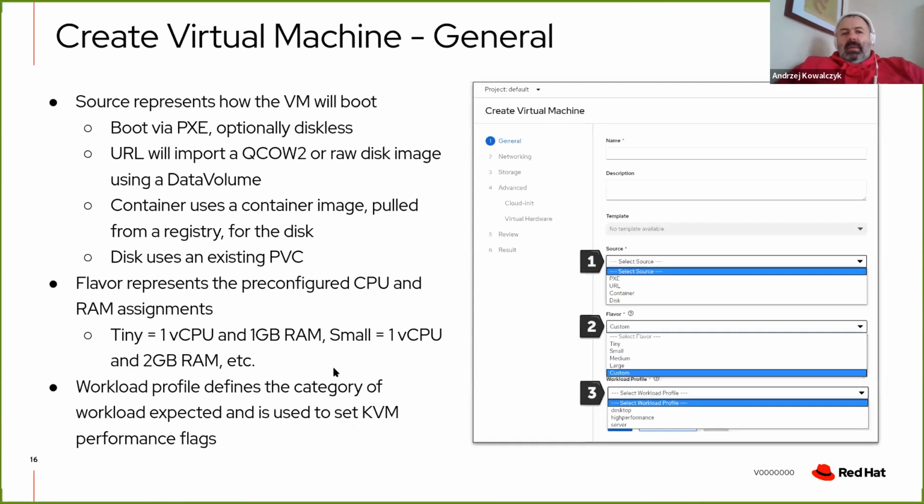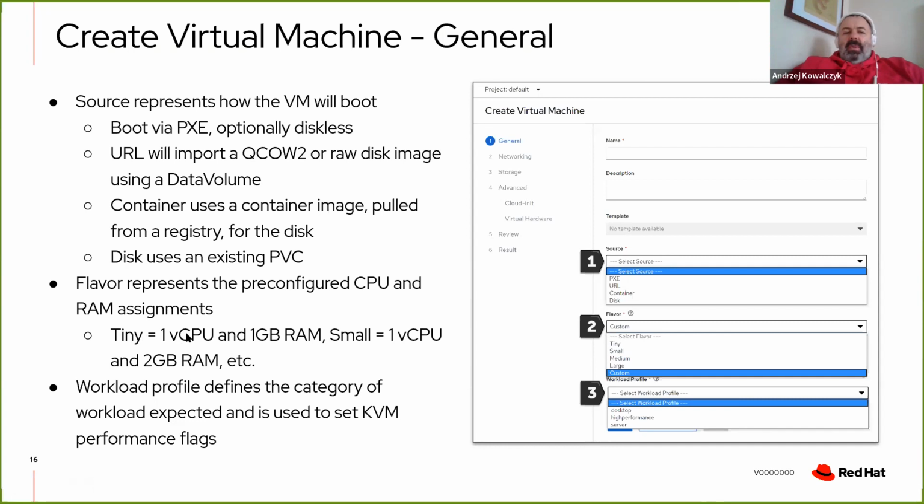So this is a screenshot from the wizard, right? You can set the proper booting resource like PXE boot. Then you can add some T-shirt size pre-configuration, like small, large, or XL, like tiny.